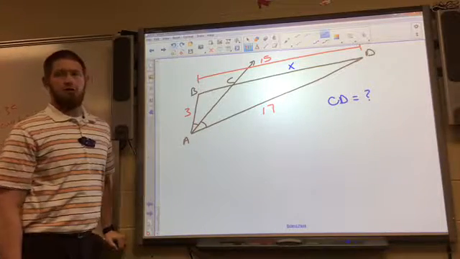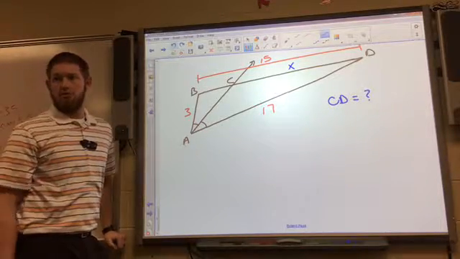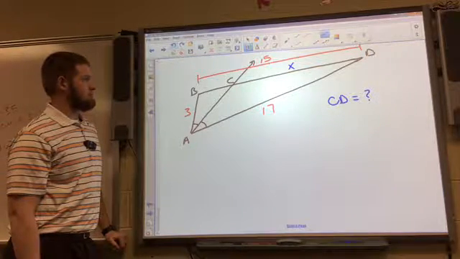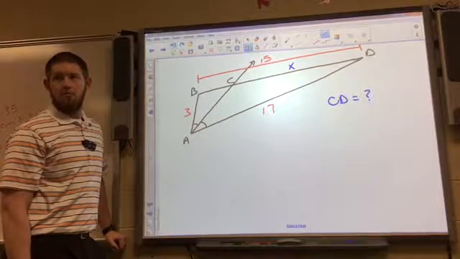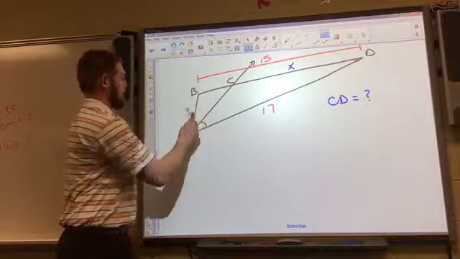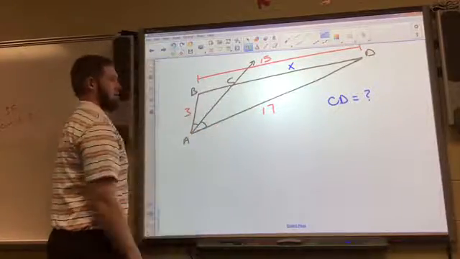Carson, what is a proportion based on our ray bisecting a triangle? What is a proportion I could set up? Just do the letters for me, please. Look at your theorem. Give me the letters though, like BC.